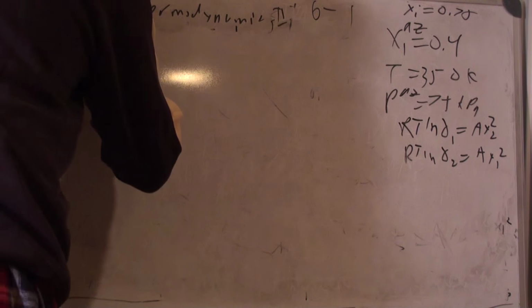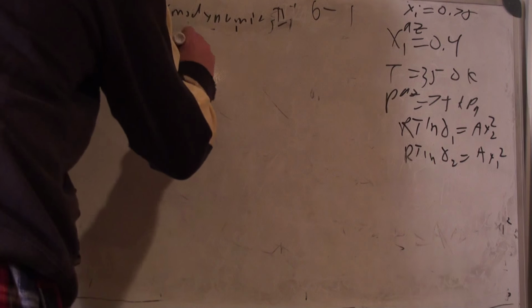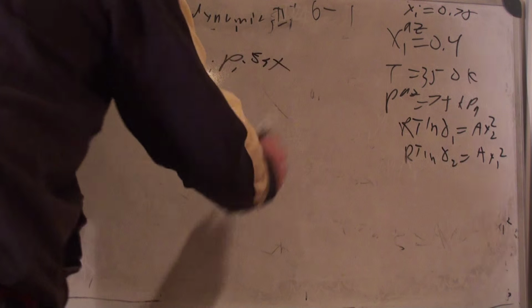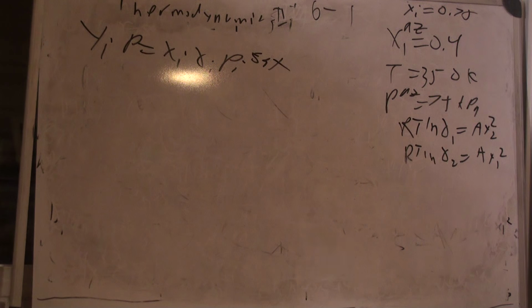Okay. And so my equations in this case are yi P equals xi gamma i Pi sat, which is what? That's right, that's modified Raoult's law. So that's going to be the main equation, at least in this case. What are the other main equations I'm going to use?